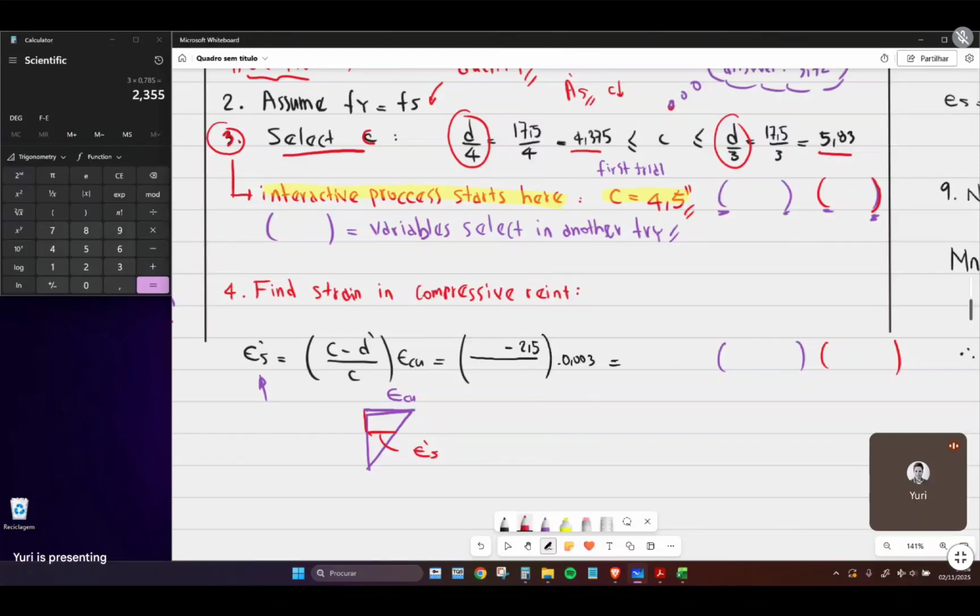We know that this distance here is d prime, and this distance here is c, so obviously this here is c minus d prime. By similarity of triangles, we know that epsilon cu over c equals epsilon s prime over c minus d prime.